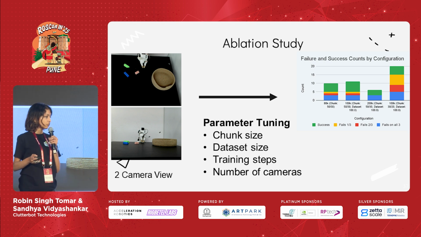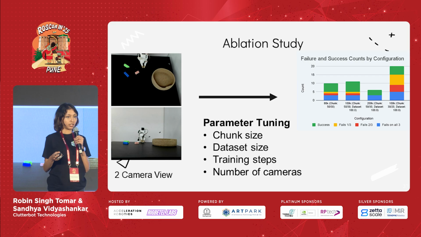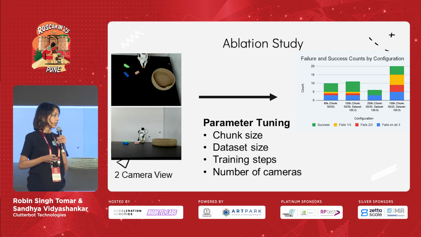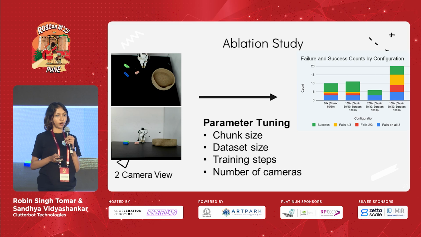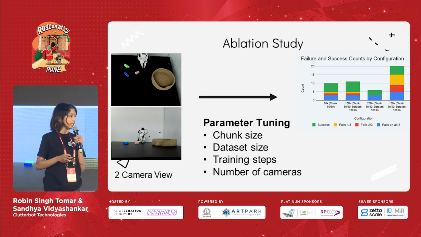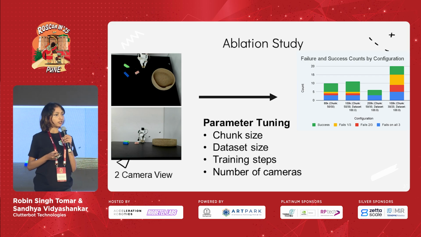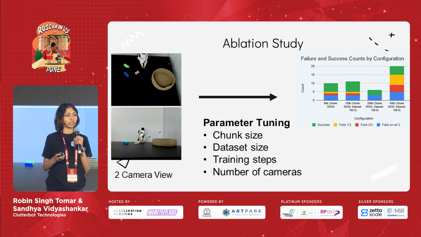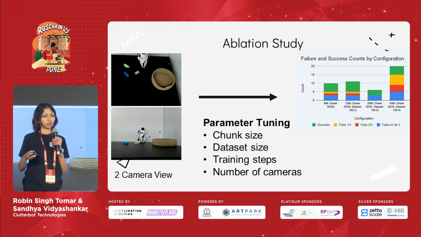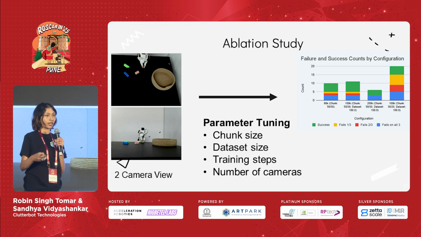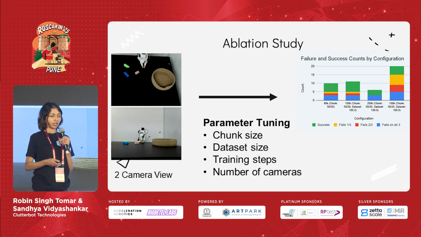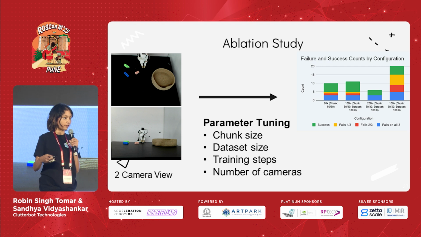In addition to this, we varied a lot of parameters while we were training. We varied the number of cameras, the training steps, the data set size. All of these are straightforward, but specifically something that we varied is the chunk size. If you remember from the talks yesterday, ACT or action chunking is an example of a chunking-based approach. Most behavior cloning just predicts one action for every observation, while these algorithms predict a sequence of actions.